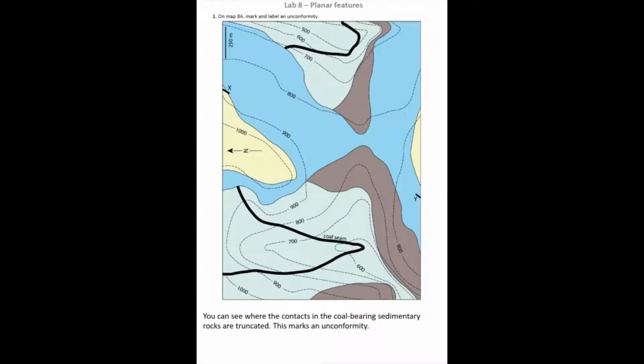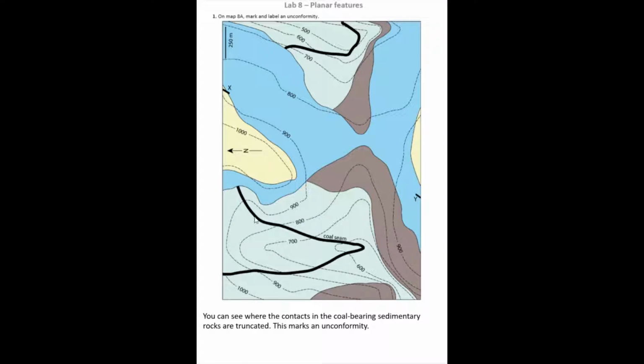Okay, well, let's get started then. Question number 1 asks, pretty straightforwardly, can you recognize where the unconformity is? If we look at the contacts of the coal seam that's labeled, and follow that coal seam up and around the area, you can see that it disappears or is truncated by the contact with the blue unit. So we can follow it this way, this way, this way.